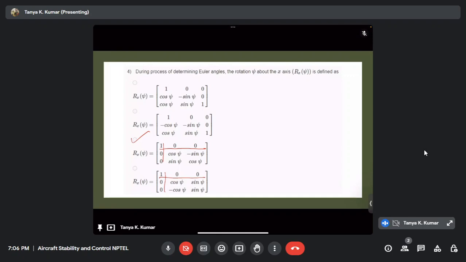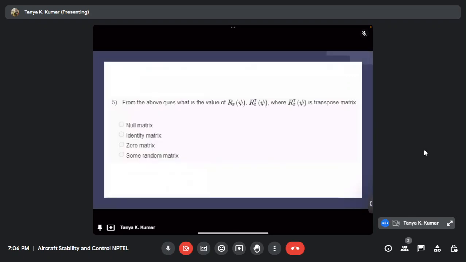Just correct me if I'm going wrong anywhere, okay? From the above question, what is the value of Rxi into Rxi transpose? Rx is the rotation matrix. So Rx into Rx transpose will be, how do you define a rotation matrix?